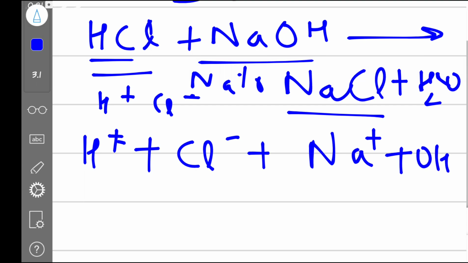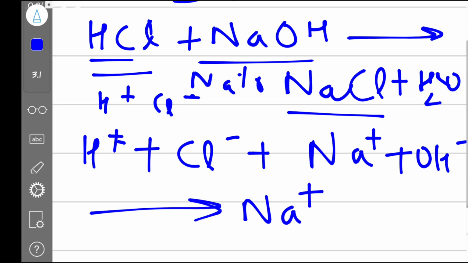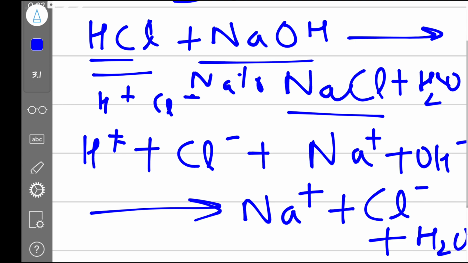OH minus, and it produces Na plus and Cl minus plus water. So if we dissociate, guys, if we notice, the sodium and chlorine never really react. They are floating around at the beginning and still floating around at the end.